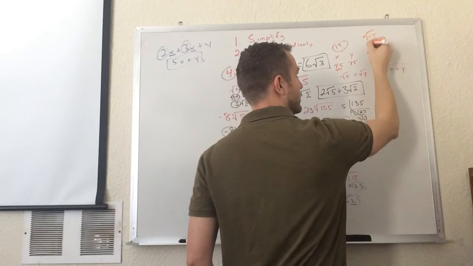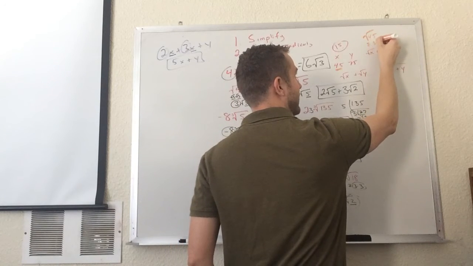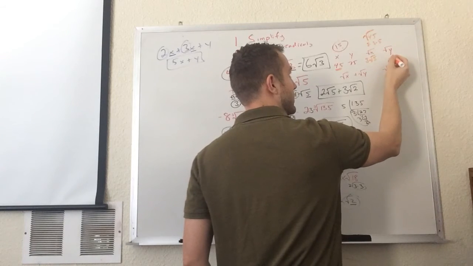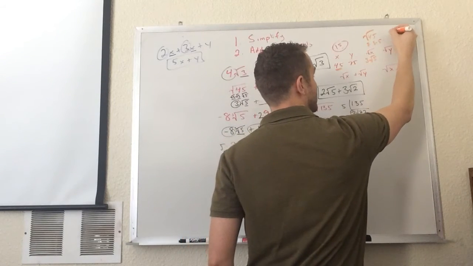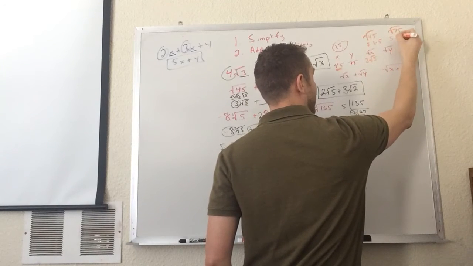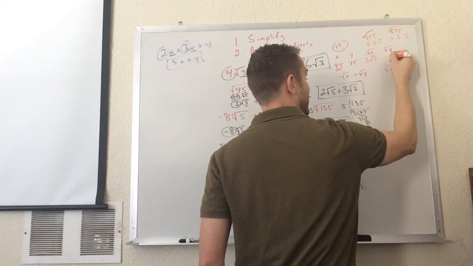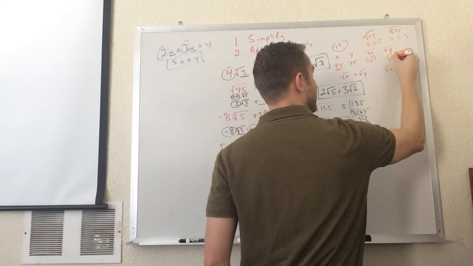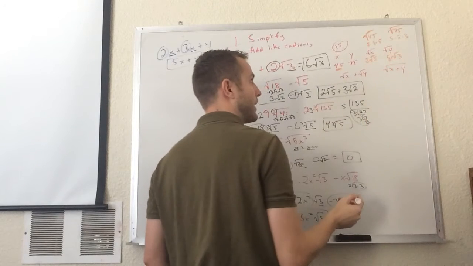That's going to be 3, 3, and 5, so that's going to be 3 square root of 5. The square root of y is going to be the square root of 75, which is going to be 5, 5, and 3, so that is 5 square root of 3 for the square root of y.